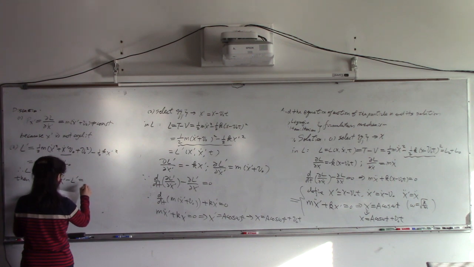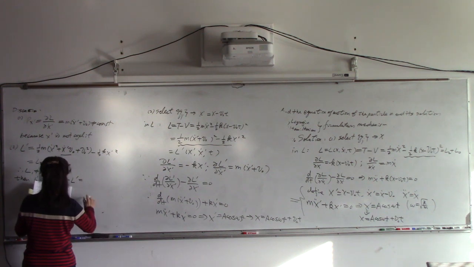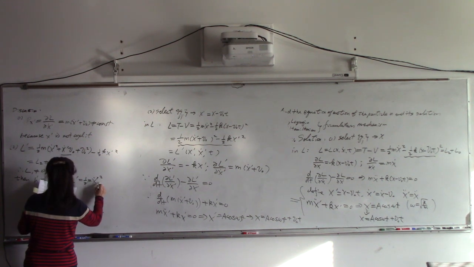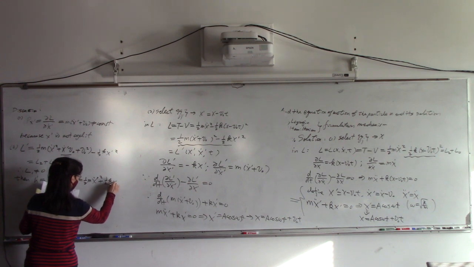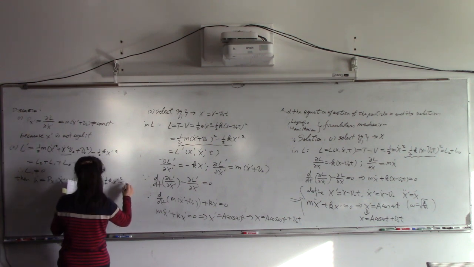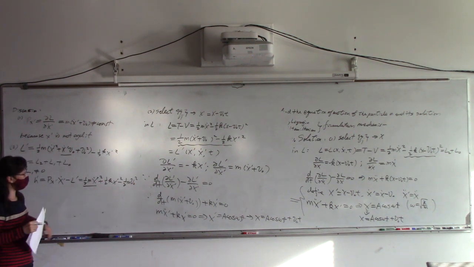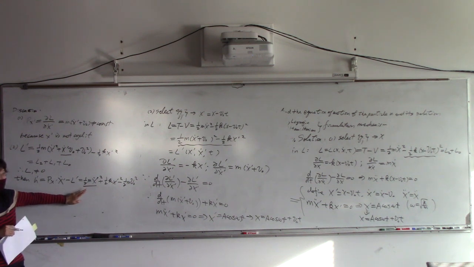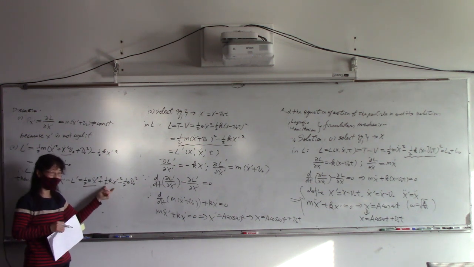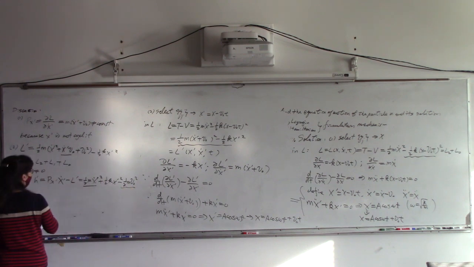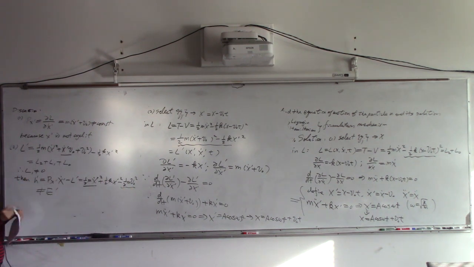That is half m x prime dot squared plus half k x prime squared minus an additional term. So this one, in terms of x prime, is kinetic energy plus potential energy, but here we have an additional term. Even though you use x prime, it is not the energy, since here there is also this extra term.